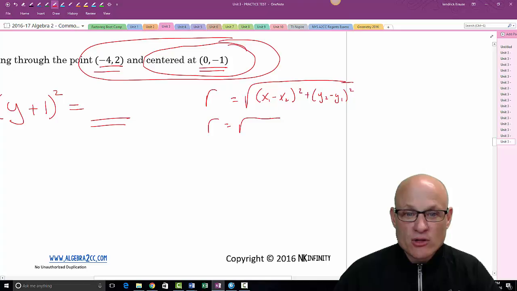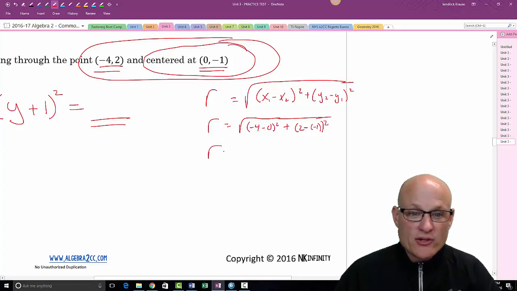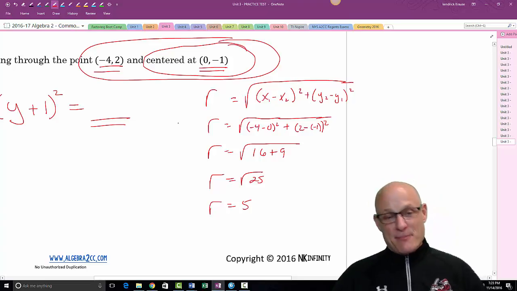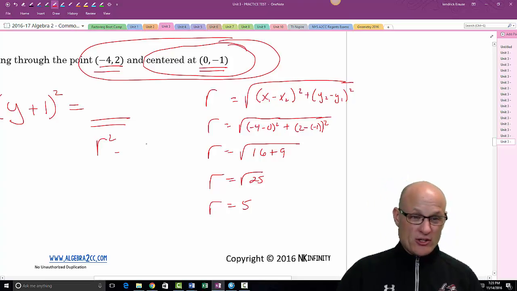R equals square root of, let's say, negative 4 minus 0 squared plus 2 minus negative 1. Careful with your signs there, squared. So this is r equals square root of 16 plus 9. R equals the square root of 25. R equals 5. Now, remember, r squared goes here.